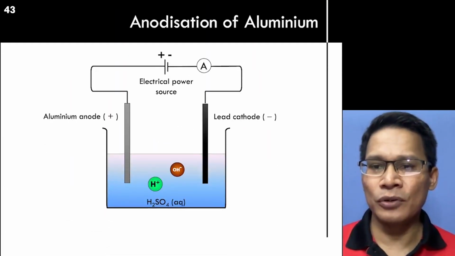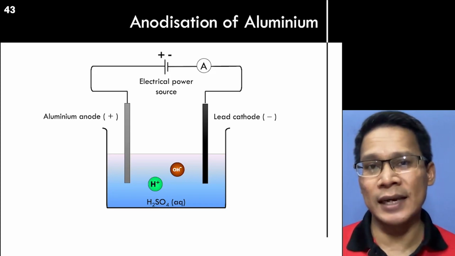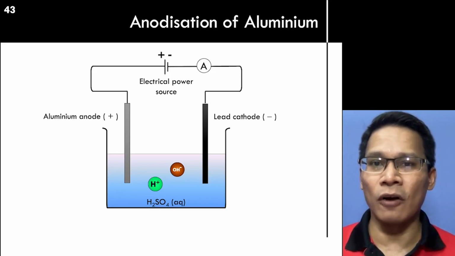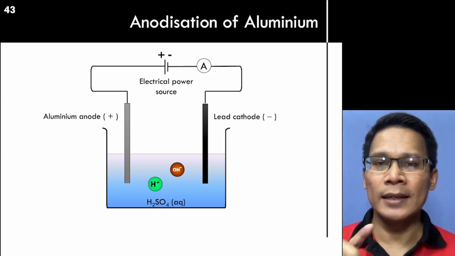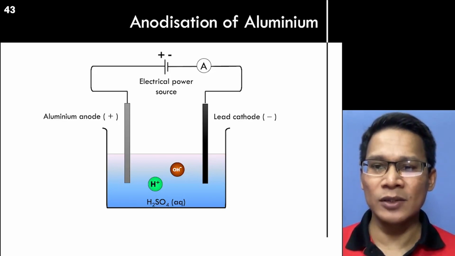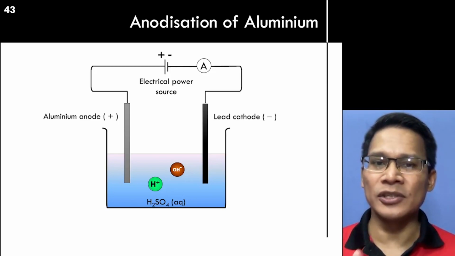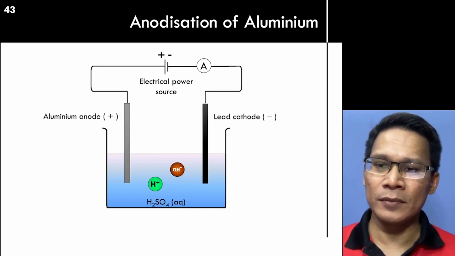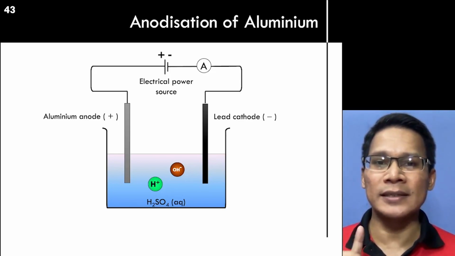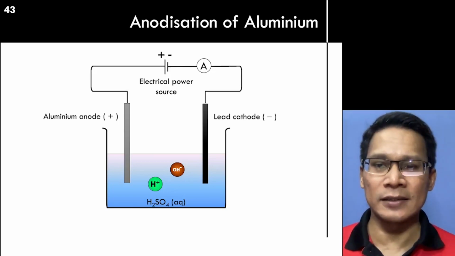The setup below shows a simple electrolytic cell for the anodization of aluminium. The metal to be anodized will become the anode. Lead is used as the cathode, and the electrolyte used is dilute sulfuric acid.